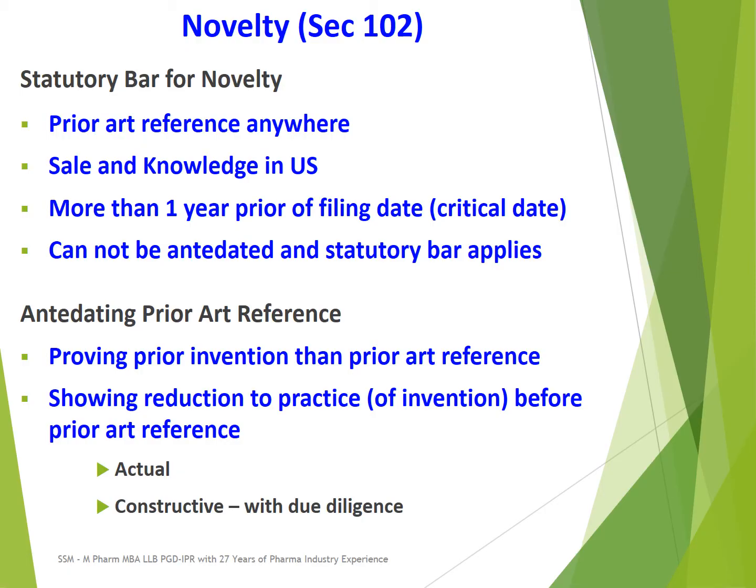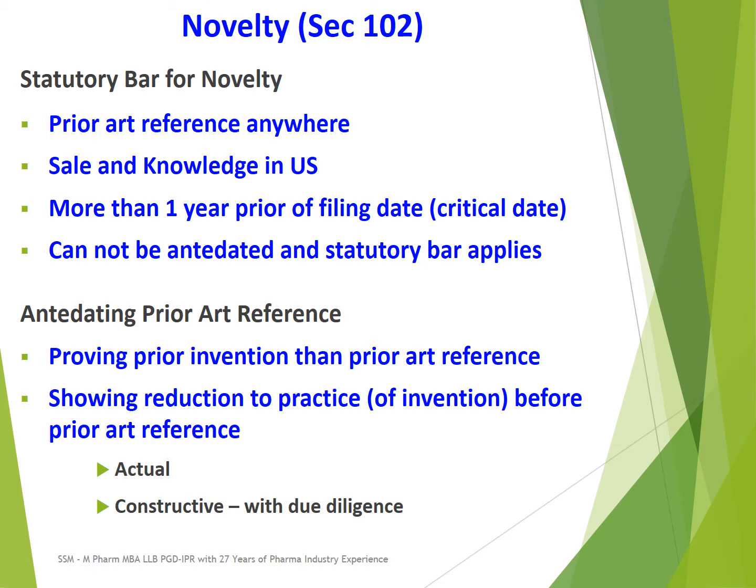If any prior art reference is more than 1 year prior to your filing date, then you cannot defend that reference. You cannot antedate that reference, and it is a statutory bar. Your invention will be straightway rejected on basis of non-novelty.